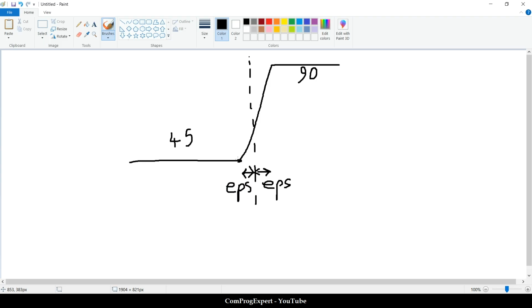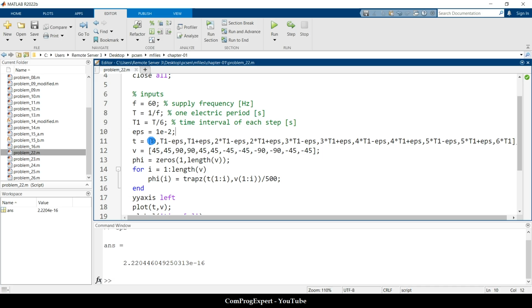So you have the value of the waveform for these time points: 0, t1 minus epsilon, t1 plus epsilon, and so on. Here are the next time points.